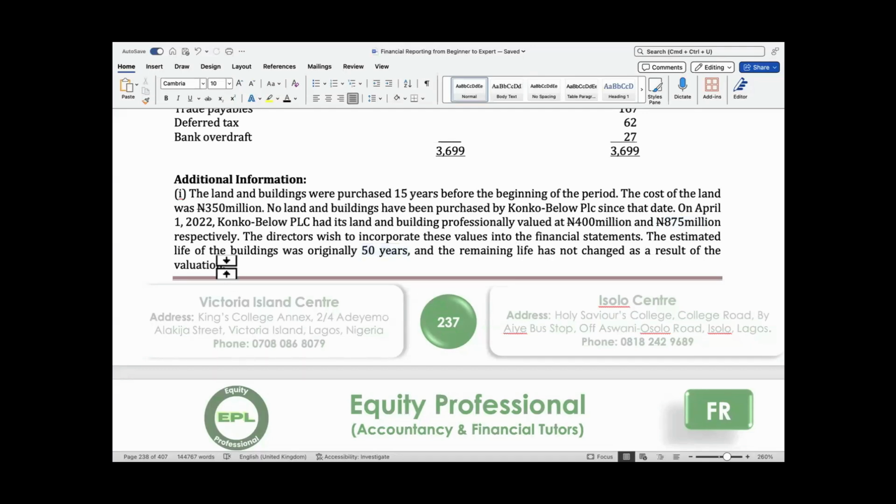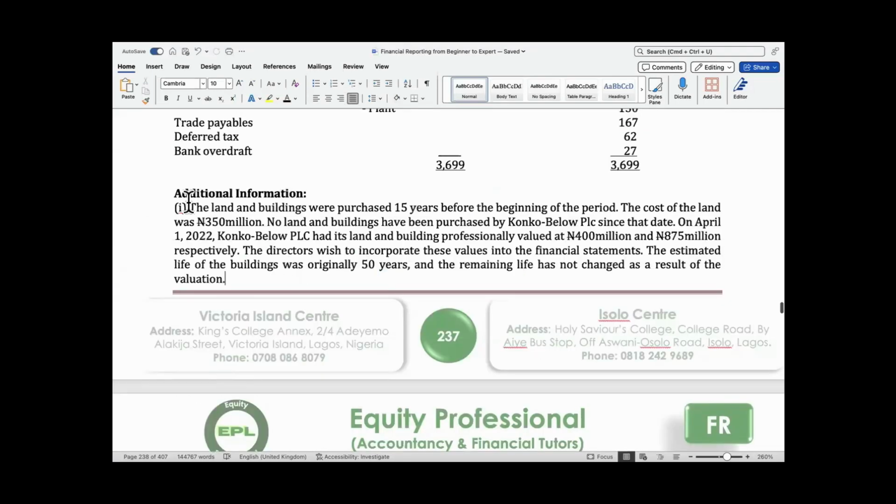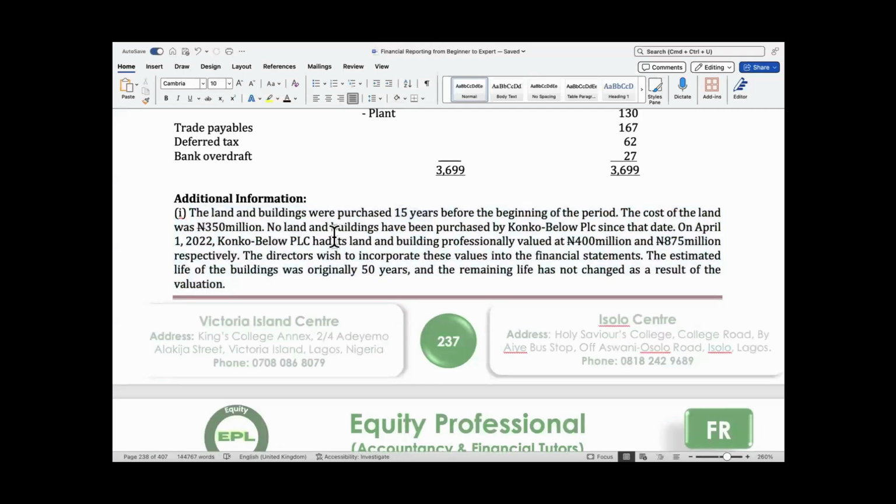Okay, so this note 1 is just giving us information around this land and building. They say they purchased it 15 years ago, and they give me the cost of the land. And they said at the beginning of the year, they revalued the land and the building.